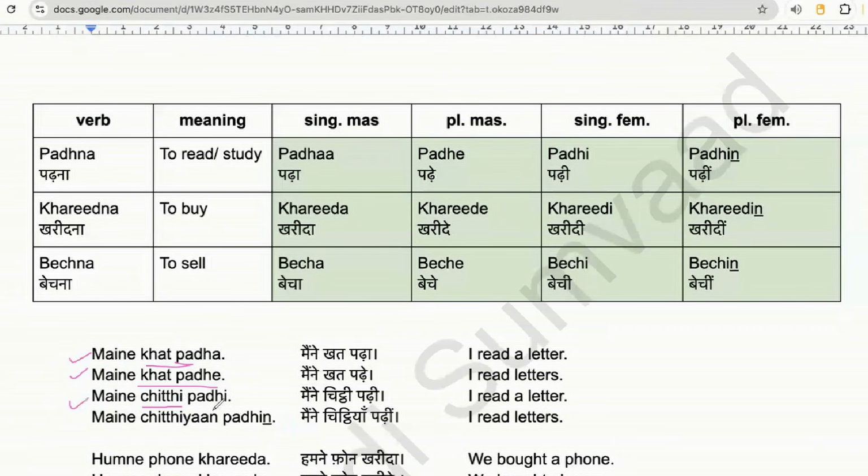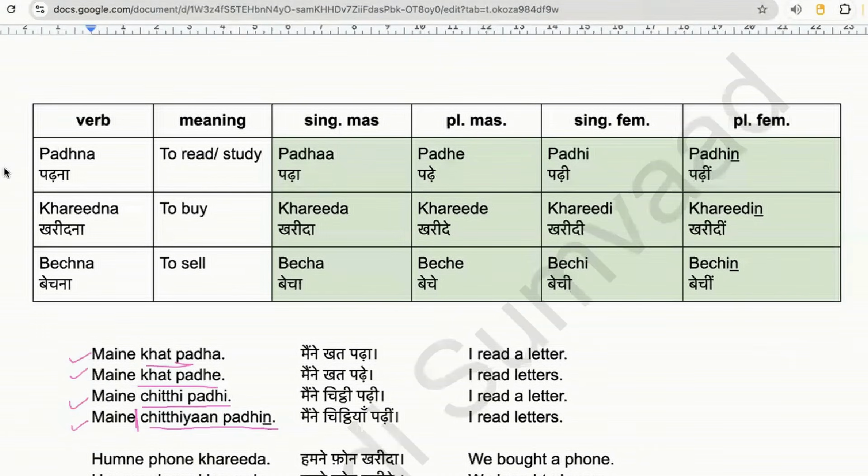So chitthi padhi, I choose the singular feminine form. And मैंने चिट्ठियां पढ़ी. Chitthi changes to चिट्ठियां. Chitthiyan is letters, and then it matches padhi, the plural feminine form. I hope you understood my explanation.